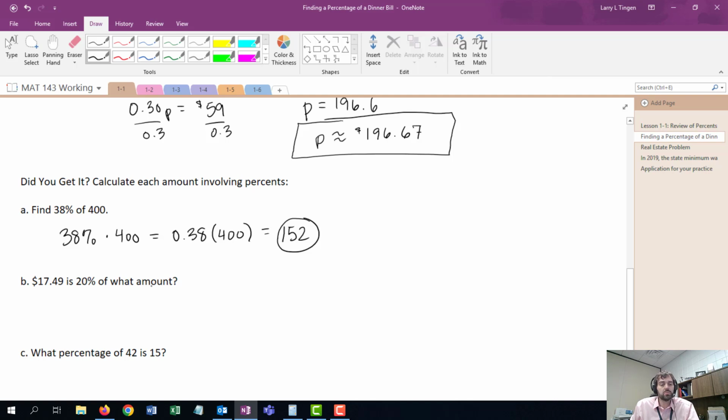Next, 17.49 is 20% of what amount? Here comes our conversions. Is means equals, of means times, what amount is our variable, right? So just plug in the rest of the numbers from the problem. 17.49 is 20%.